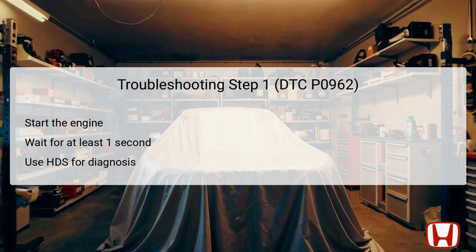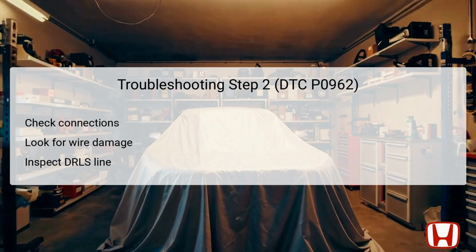After the engine has been started, the Honda Diagnostic System, HDS, should be employed to carry out a comprehensive diagnosis. HDS is a specialized tool designed to interface with the vehicle's onboard systems, allowing the technician to retrieve diagnostic information and any stored DTCs. This step is vital for determining if the issue persists and whether it's necessary to investigate further based on the real-time data captured by the system.